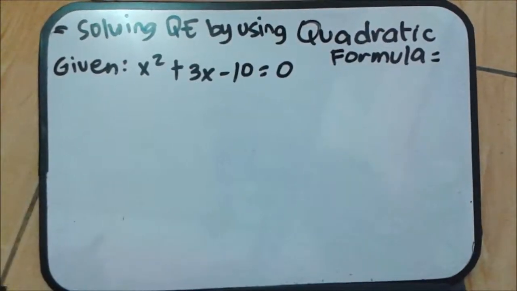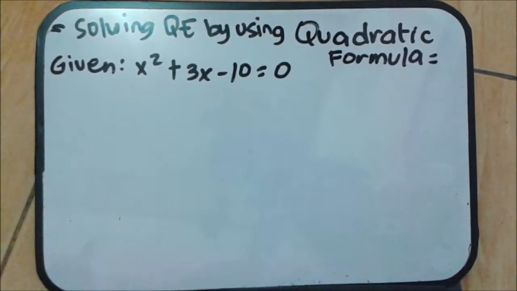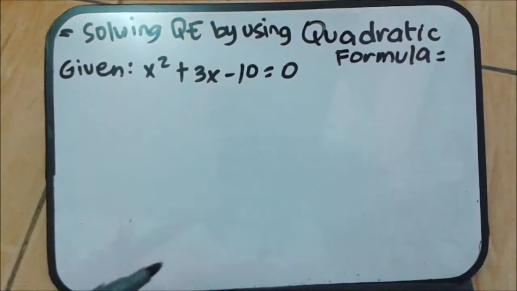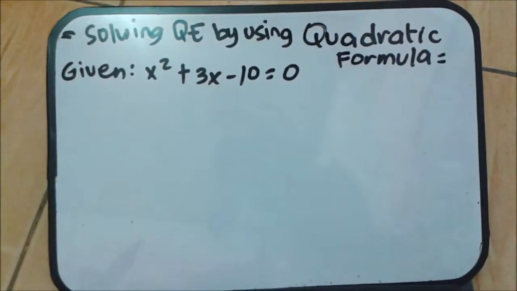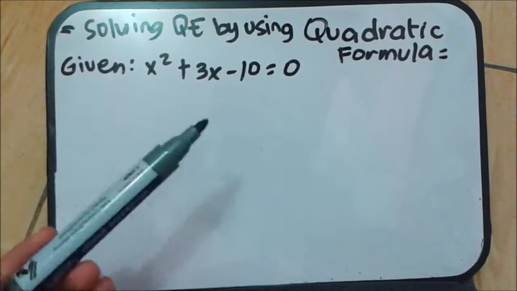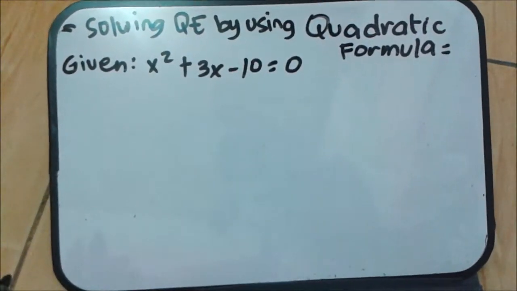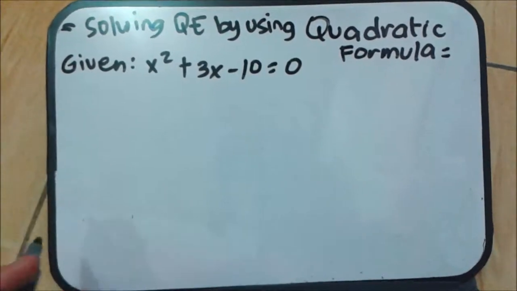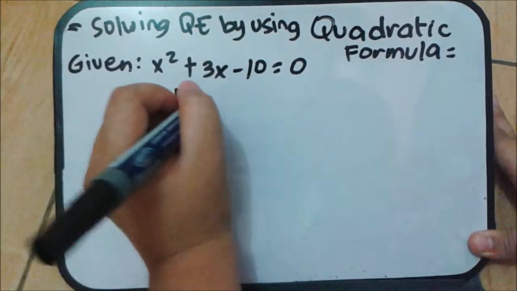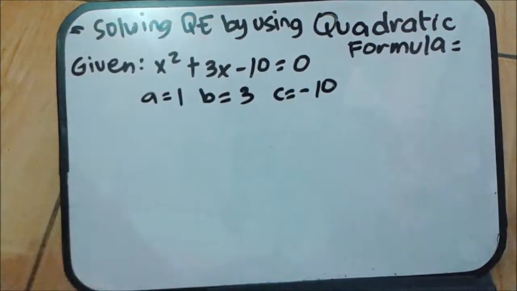Okay, here's another example of solving a quadratic equation using the quadratic formula. Given is x squared plus 3x minus 10 equals 0. Step number 1 is write the quadratic equation in standard form, and the given is already in standard form. Step number 2, determine the values of a, b, and c: a is 1, b is 3, c is negative 10.